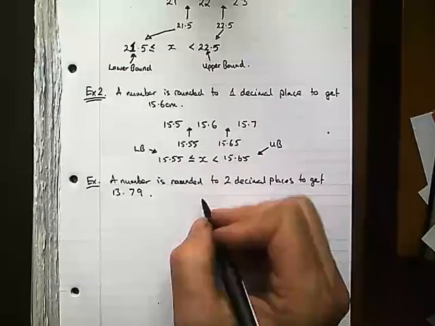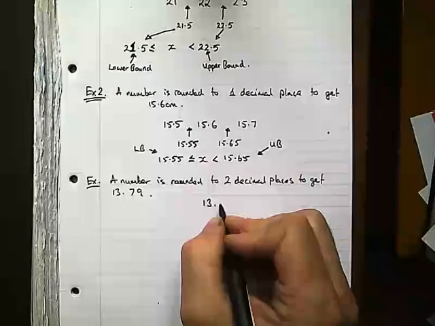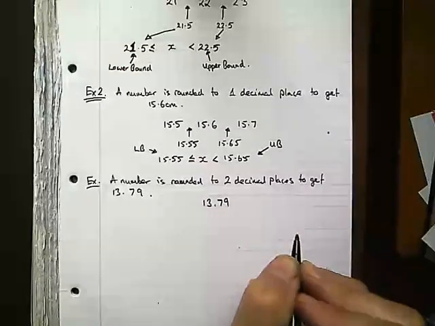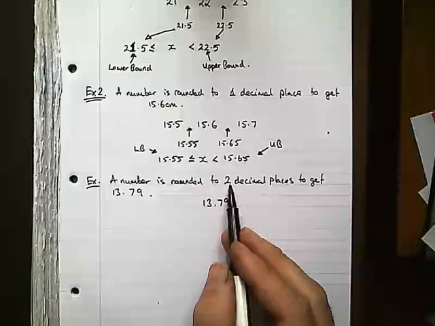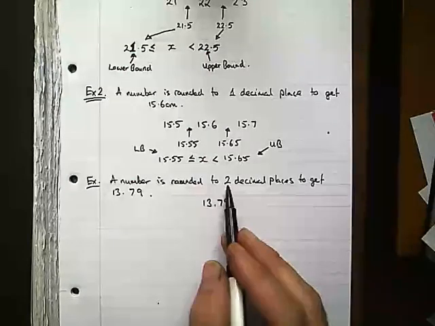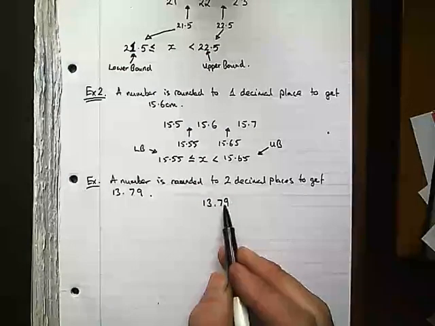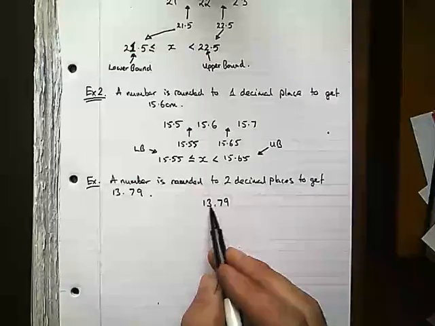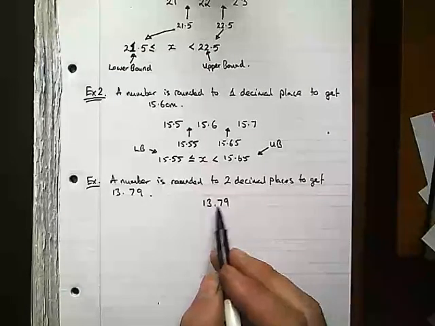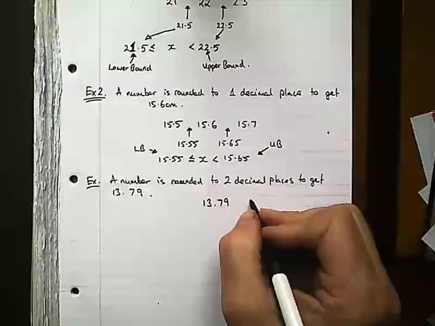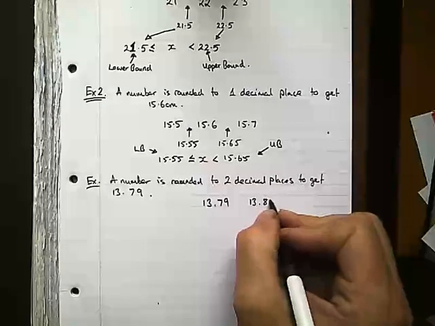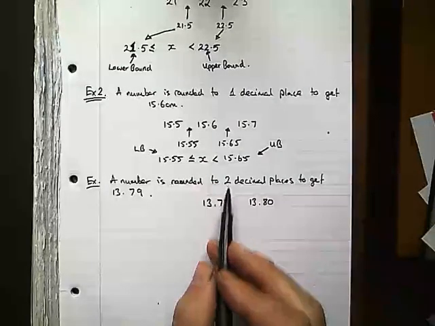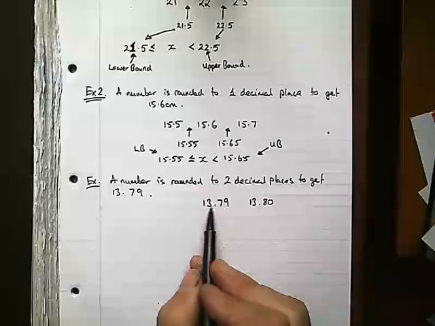So 13.79 is my number. Remember, I need to go up a second decimal place and down a second decimal place. So I'm going to go up 1 from 13.79 to 13.8, and then down 1 from 13.79 to 13.78.